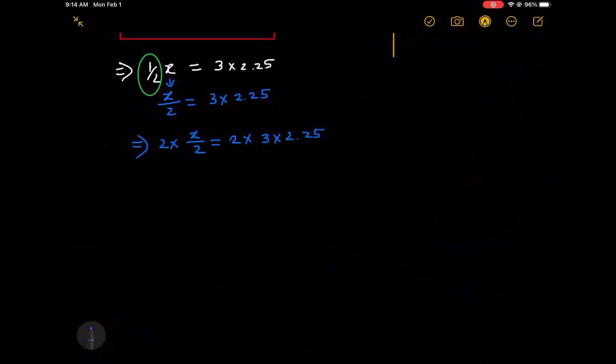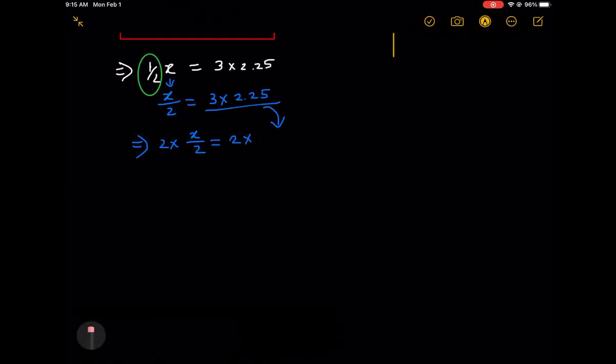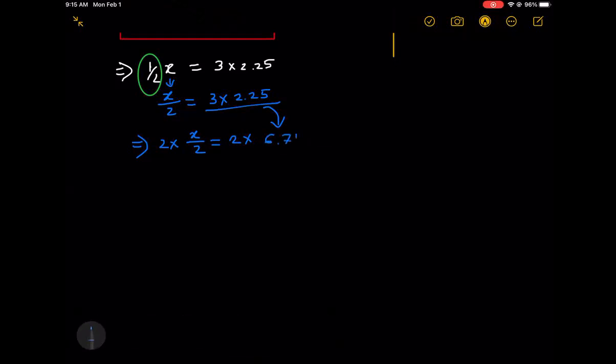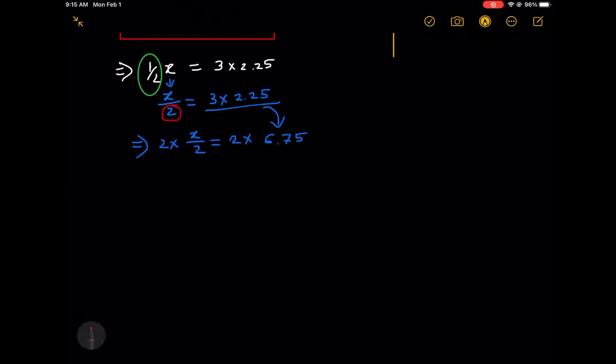If you want, you can already have this value here, which is, I believe, 6.75, right? So let me use 6.75. What I'm doing here, to get rid of that 2, I'm multiplying both sides by 2.